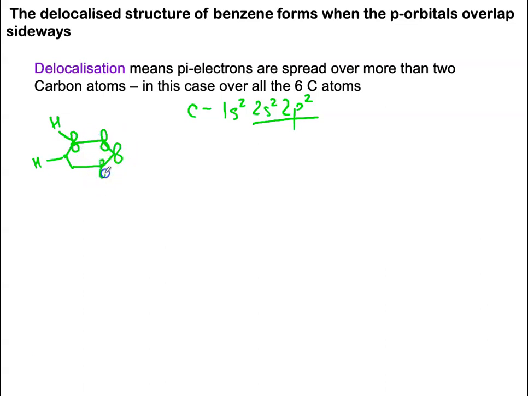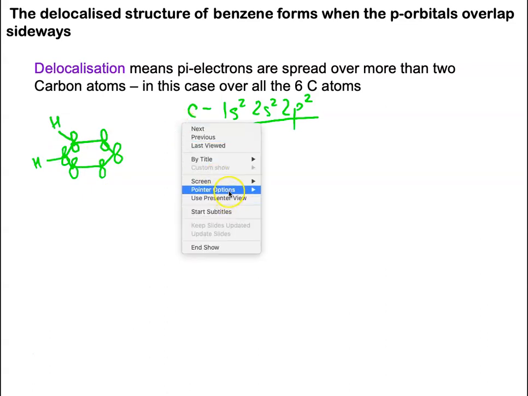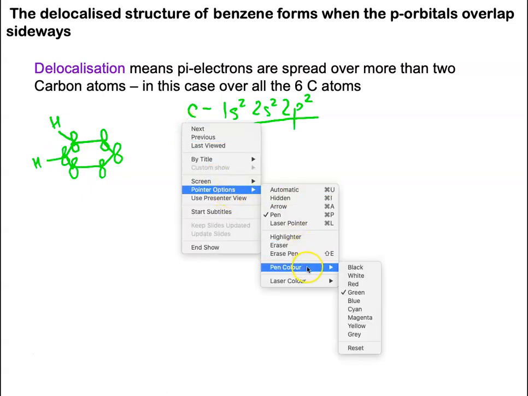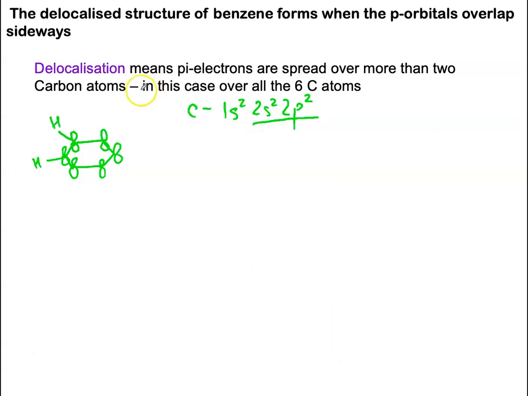These p orbitals will overlap sideways. I'm just going to change the color of the pointer. So these p orbitals are going to overlap sideways like this.